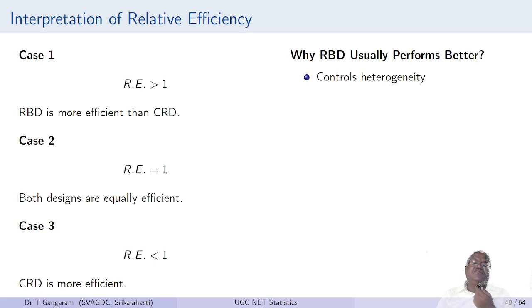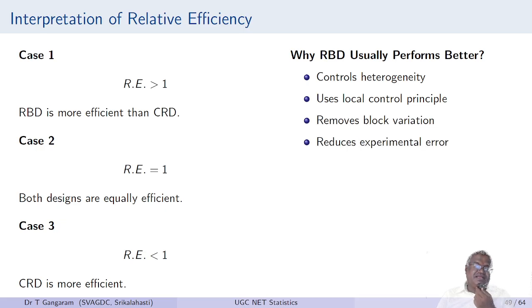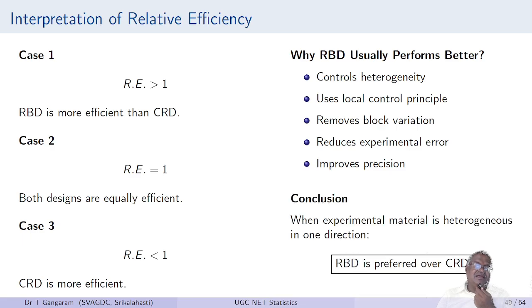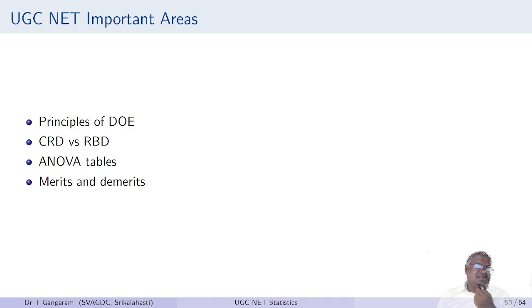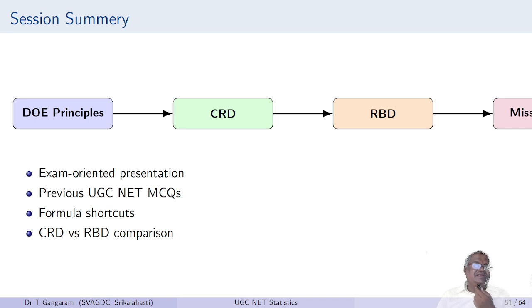Why does RBD usually perform better? It controls heterogeneity, it uses local control, it removes block variation, reduces experimental error, and improves precision. When experimental material is heterogeneous in one direction, RBD is preferred over CRD. The next important areas are principles of design of experiments, CRD versus RBD, ANOVA tables, merits and demerits.